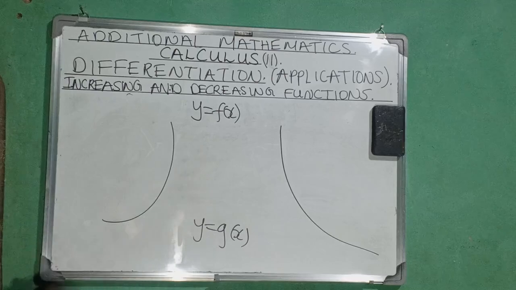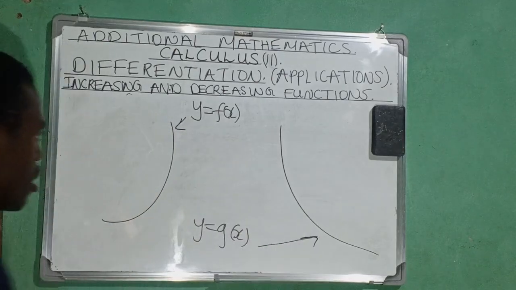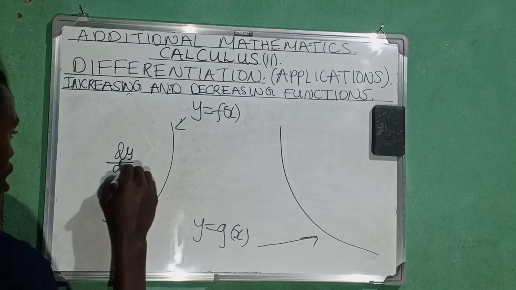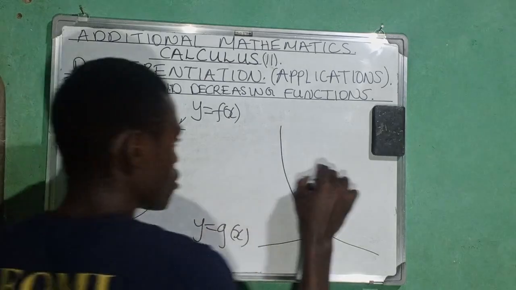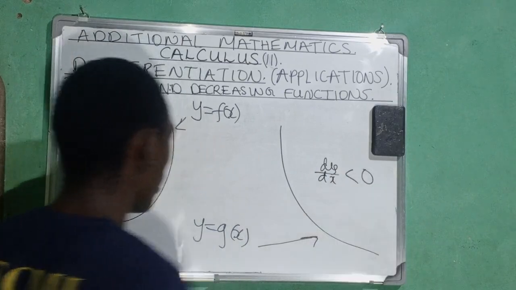So we have y is equal to f of x there, and then you have y is equal to g of x there. What you have to know is that for this function dy/dx is greater than 0, and for this other function dy/dx is less than 0. Why is it so?